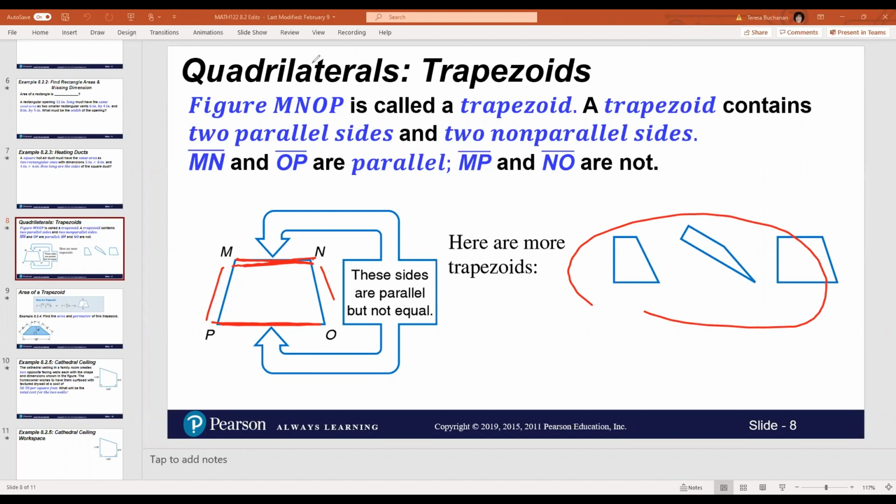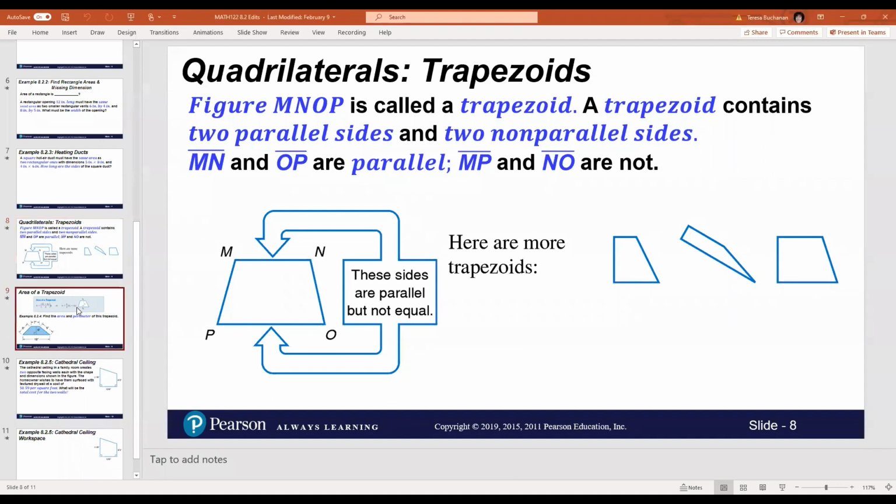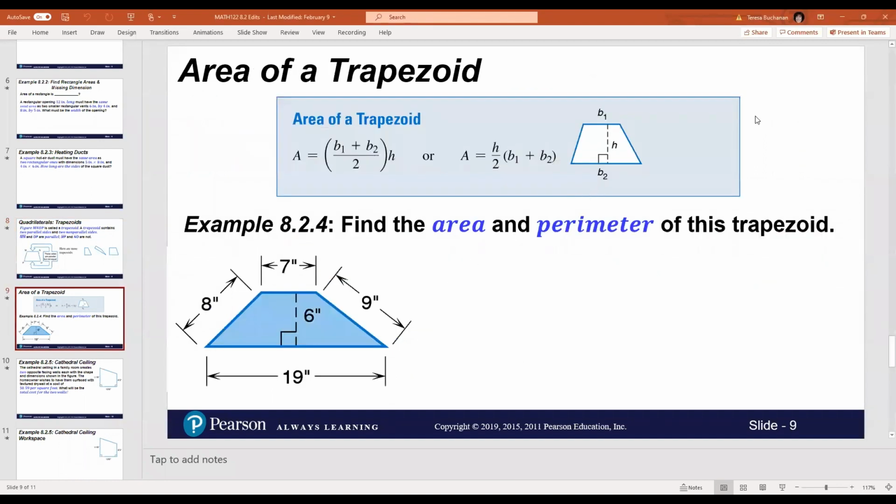And trapezoids are kind of interesting to us because we can come up with these formulas that allow us to figure out an area, based on ideas that you don't necessarily have to understand. What we're doing essentially is taking the 2 bases, like in this case, the 7 and the 19. When we add those lengths together and divide by 2, if you think about that, it's an average.